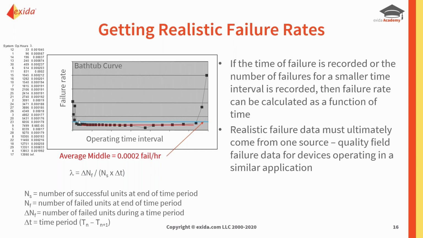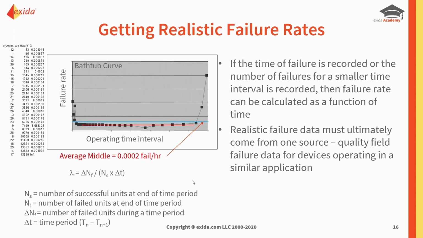This bit in the middle, as you can see, if we take the average, slightly pessimistic, we can, by doing this, approximate to a constant failure rate during this period of time. And between this point and this point is known as the useful life. And all our probabilistic calculations are predicated on this concept of constant failure during useful life. So once you get outside of useful life into wear out, then all bets are off because it's no longer constant failure.